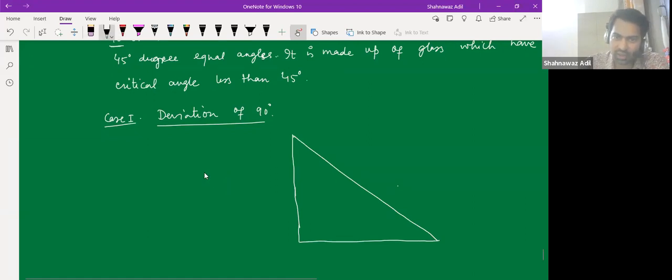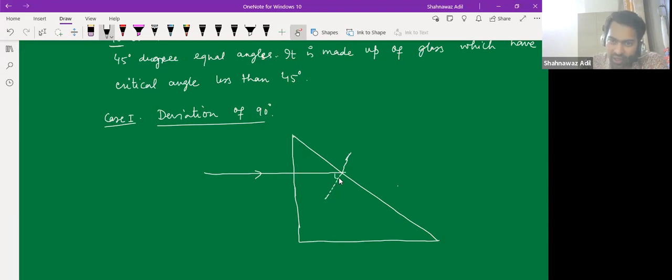Right, so this is the incoming ray, and this is falling normally, so it will go perpendicular, right? Because the angle of incidence is 90 degrees. So this will fall perpendicularly. Now it is making an angle of how much? So let's say this is the normal, right?